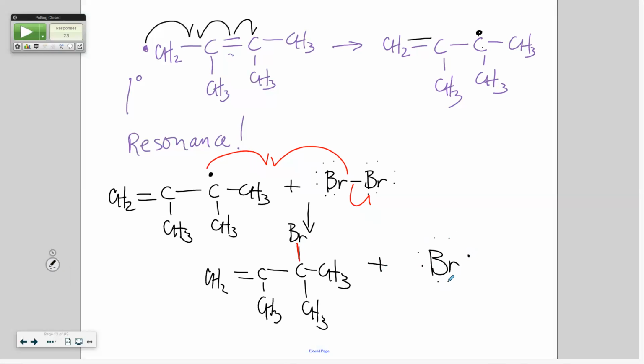Okay, now up here, what kind of free radical is that one? It's allylic, but what else is it? Tertiary. So we have tertiary allylic and primary allylic. Okay, which one do you think is more stable?